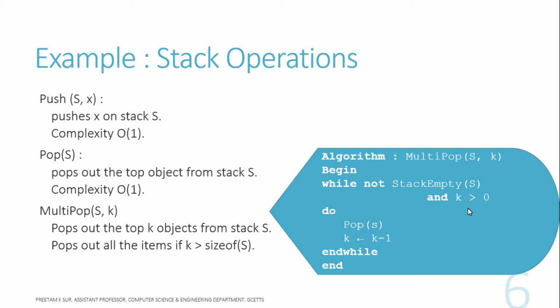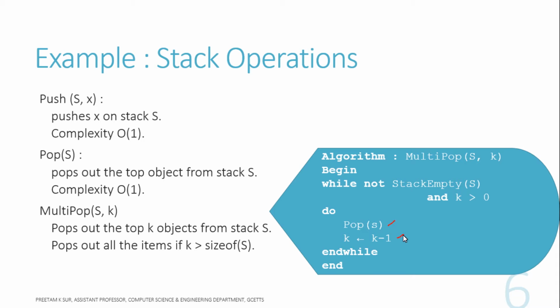When these two conditions are true, we pop one element from the stack and reduce the value of k by 1. So the algorithm is telling us that we'll keep on popping one element and reducing the value of k by 1 until either the stack becomes empty or k becomes 0.